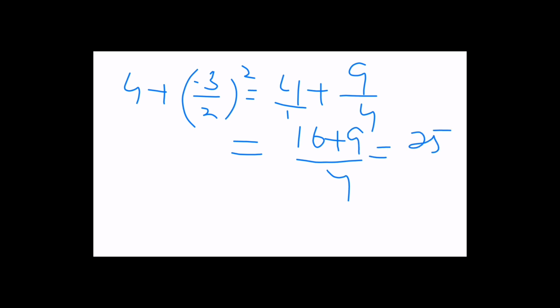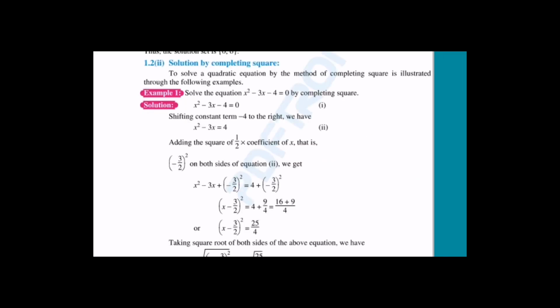So 25 by 4. So the right hand side becomes 25 by 4, and the left hand side is a complete square. So this becomes x minus 3 by 2 whole square is equal to 25 by 4.